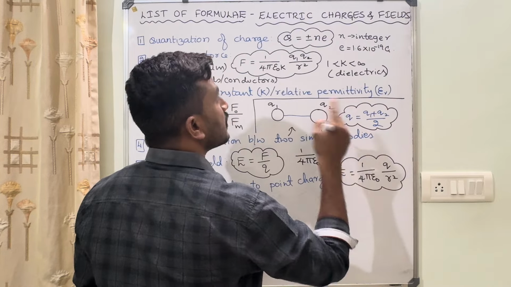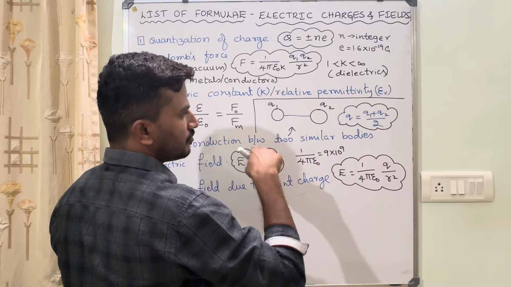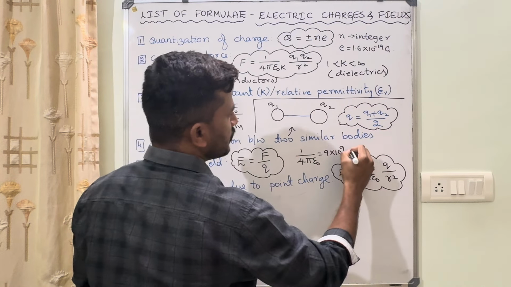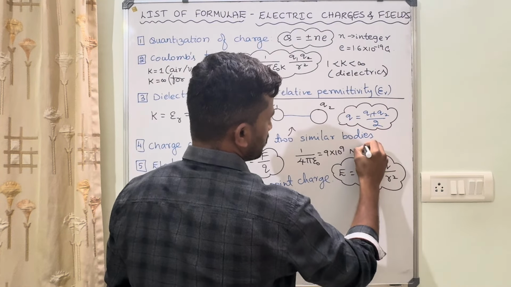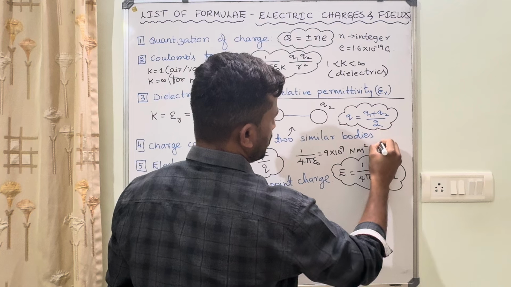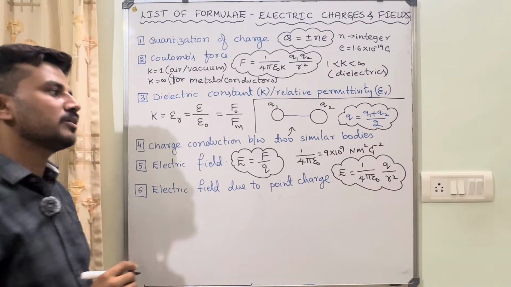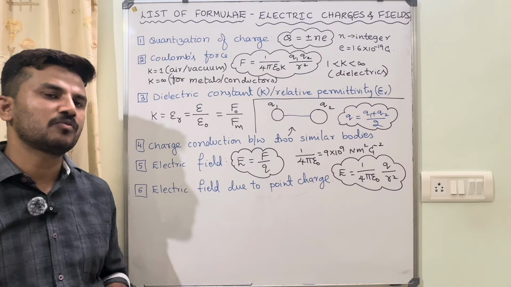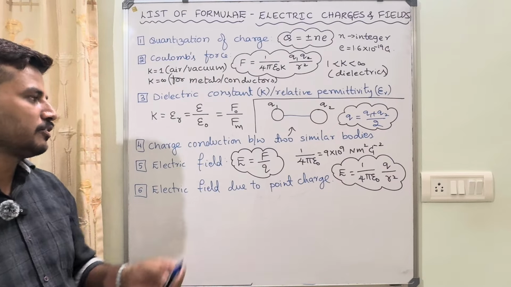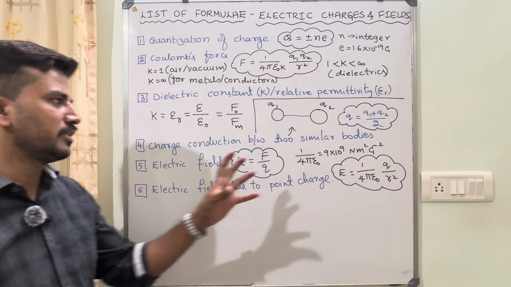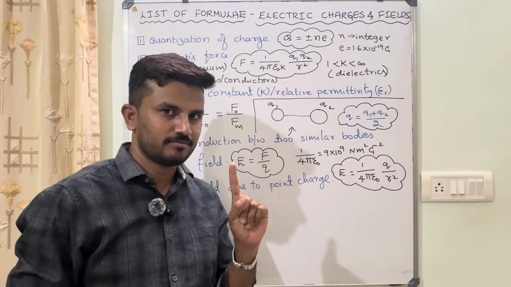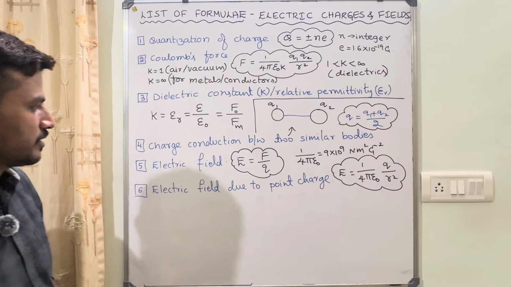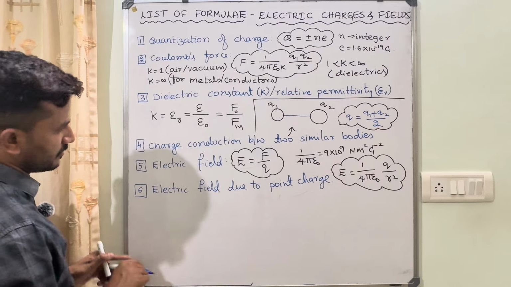It is given in terms of force; if you want to calculate, the unit is Newton meter square per Coulomb square. Newton meter square per Coulomb square is the unit for 1 by 4 pi epsilon naught, and 9 into 10 to the power 9 is in SI unit. But if you write it in CGS unit, its value is 1. Okay, in CGS unit.